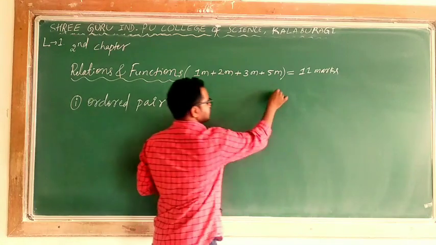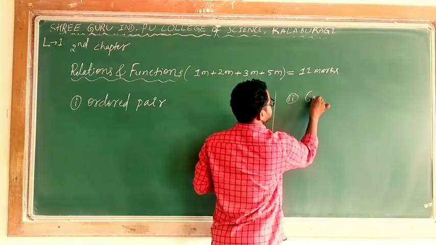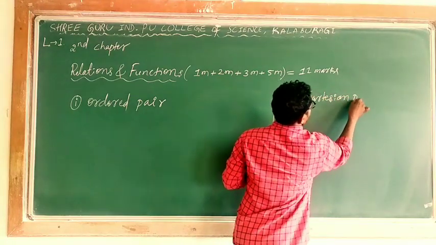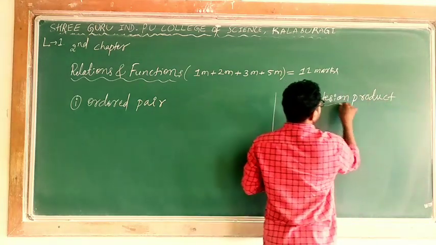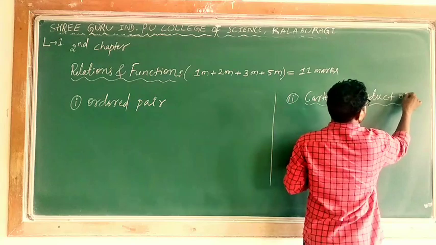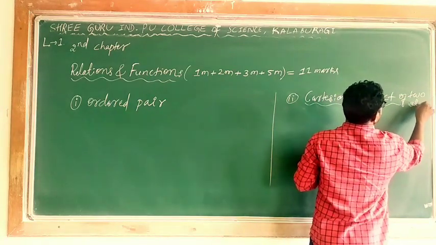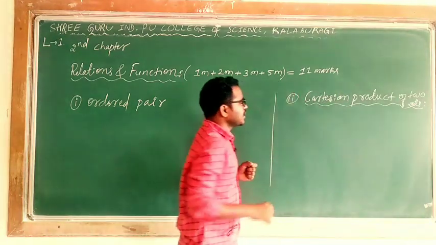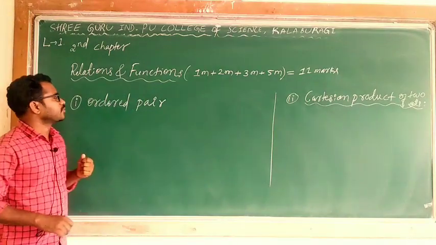Another one is the Cartesian product, the Cartesian product of two sets. These two things are very important.